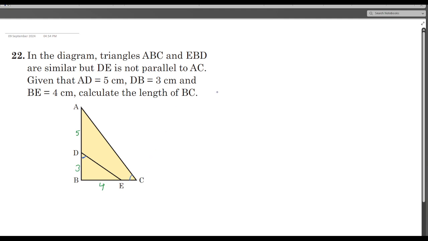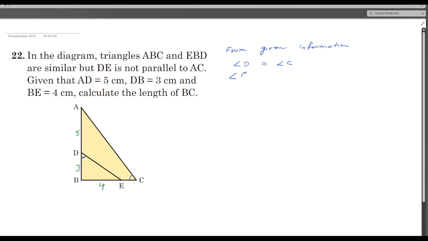Okay, so I will say that from the given information, your angle D in the smaller triangle will be the same as your angle C in the larger.